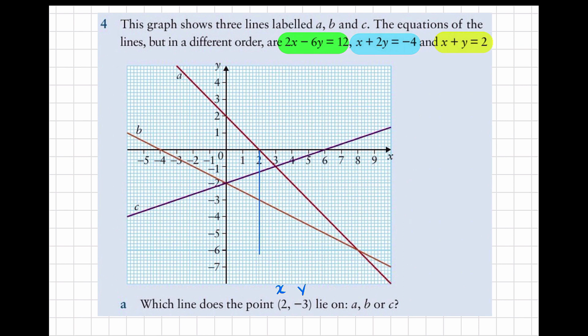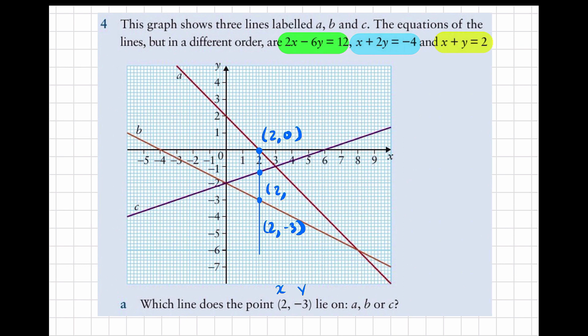All 3 of these lines have a point where x is equal to 2. We get the point on A, which is right there, which is 2 comma 0. On line B, it's right down here, which looks like 2 comma negative 3. And on line C, it's right there, which has the coordinates of 2.